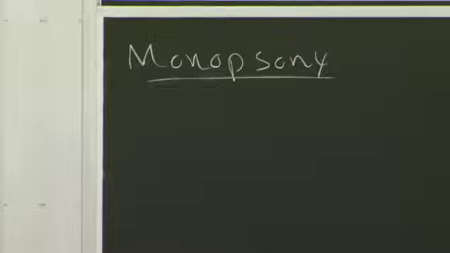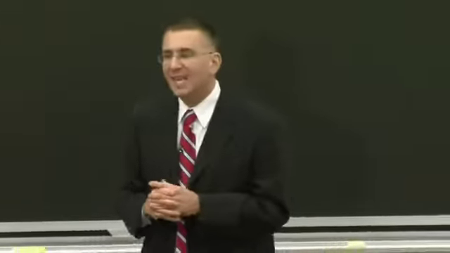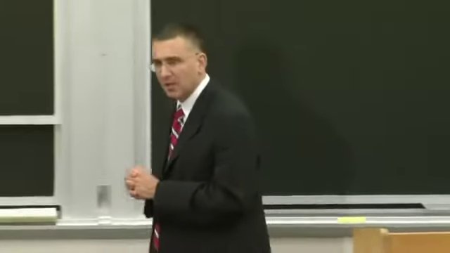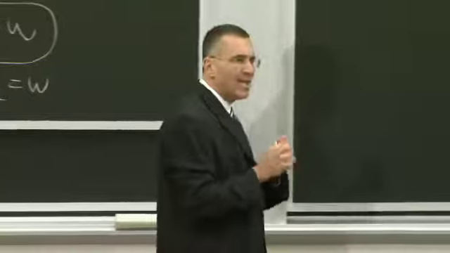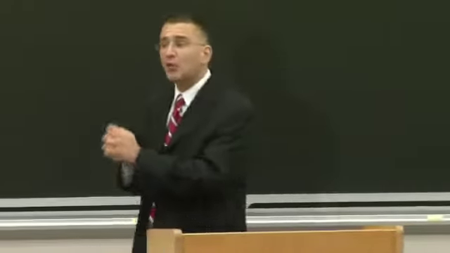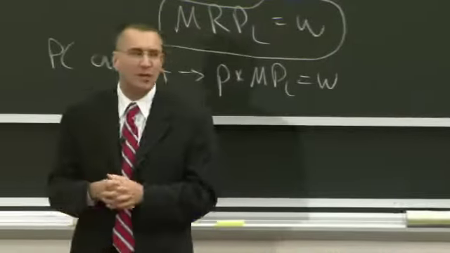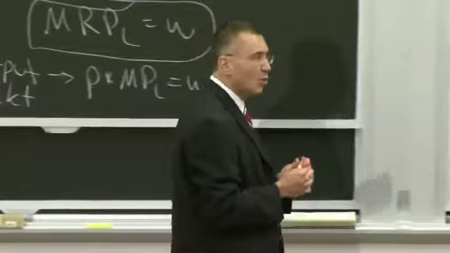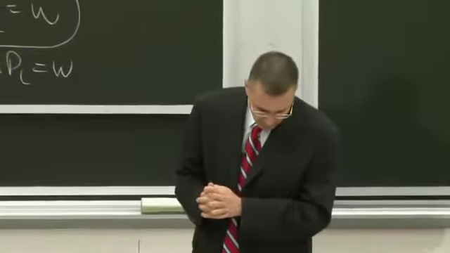A parallel case on input markets is the case of monopsony, which is when one firm is the only demander in the input market. So monopoly is when one firm is the only seller in the output market. The parallel in input markets is monopsony, which is where one firm is the only buyer in the input market.